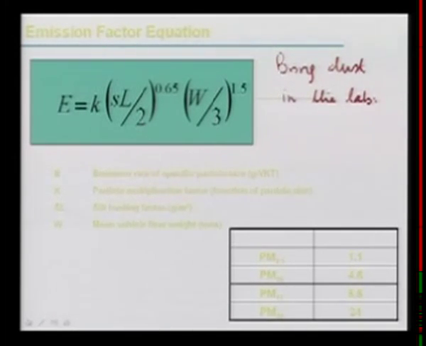What you need to find out is the silt load. Before we start explaining some more terminology, silt load: you sieve the dust that you have collected. The best way is, once you have brought the dust, put down a newspaper and empty your bag onto the newspaper.